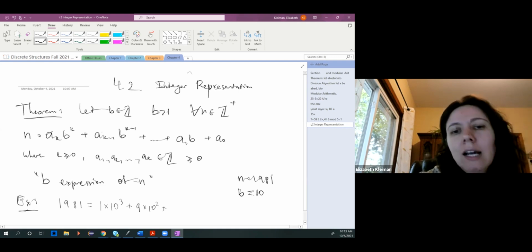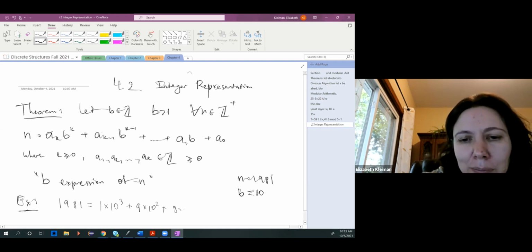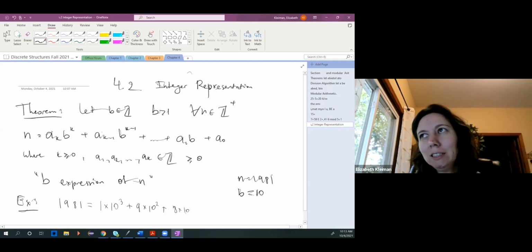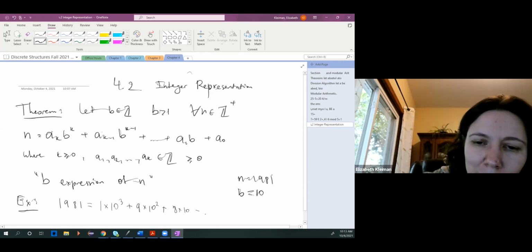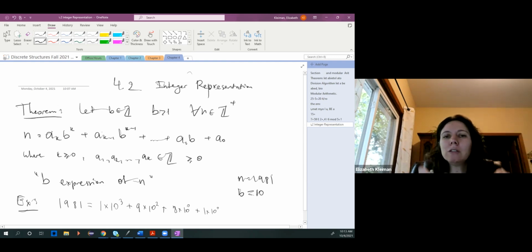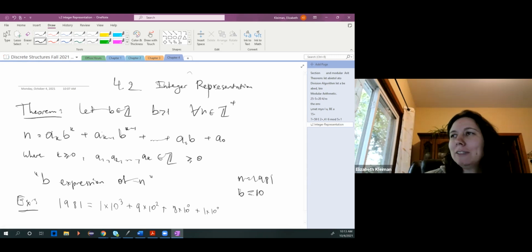Great. And then 8 multiply 10, which is 80, correct? And finally, 1 multiply 10 to the power 0. If you look at what I have on top, correct? And what I have in the exercise, that's exactly it.